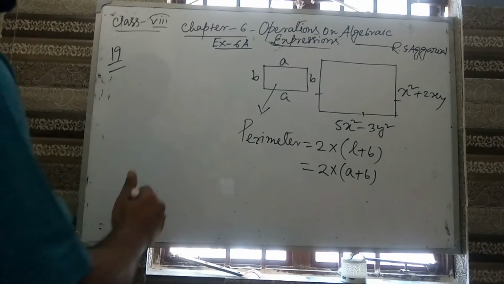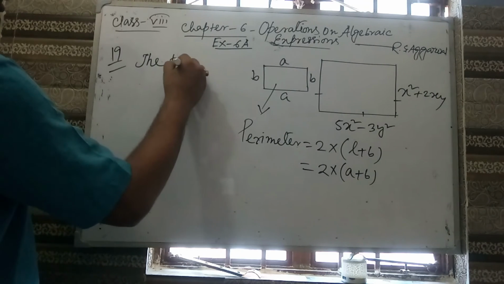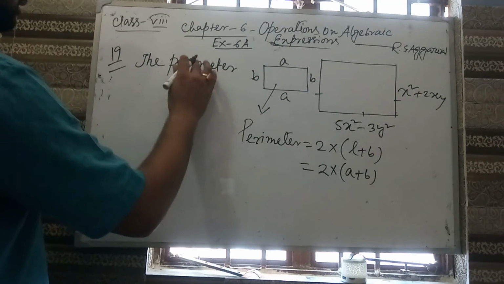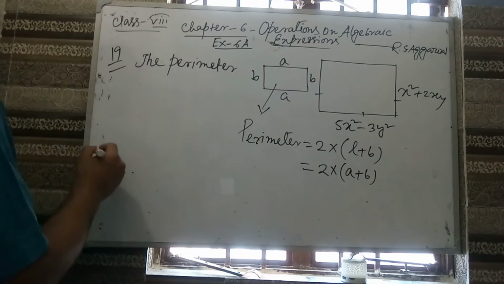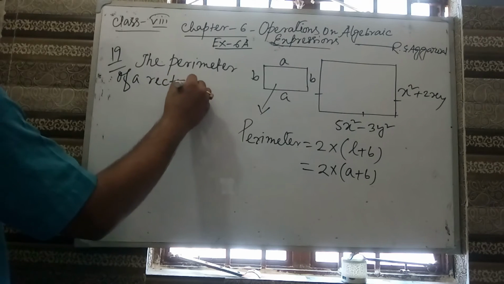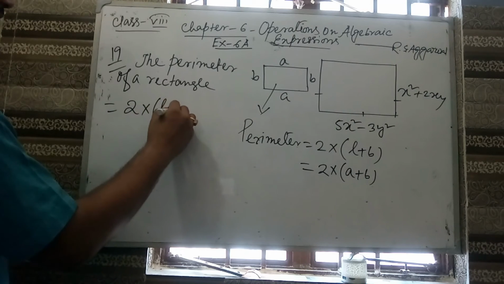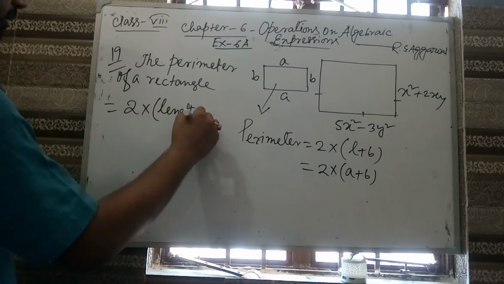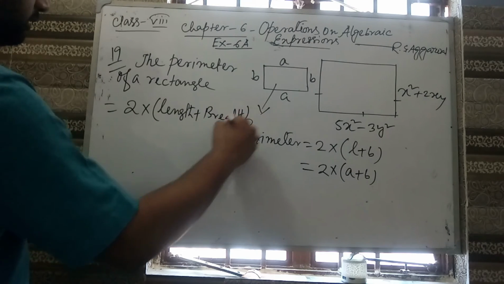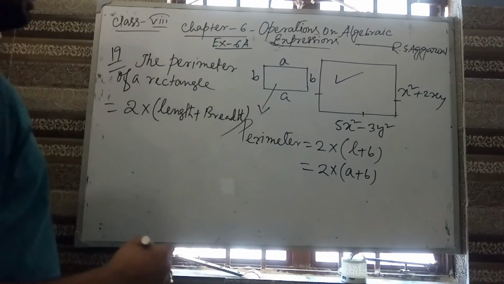Clear? So write down the perimeter of a rectangle equal to 2 into length plus breadth. Okay, you have to draw this figure.